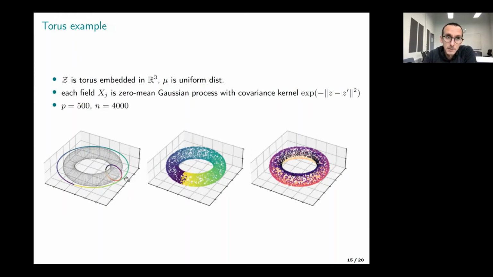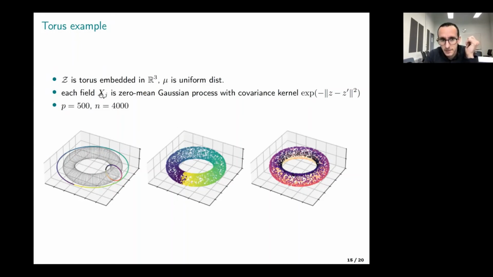And as you may know, a topological definition of a torus is that it's the Cartesian product of two circles. So to say where a point is on this torus, I just need to talk about coordinates with respect to these two circles. That's what I've done here. Okay, so these are our Zs.